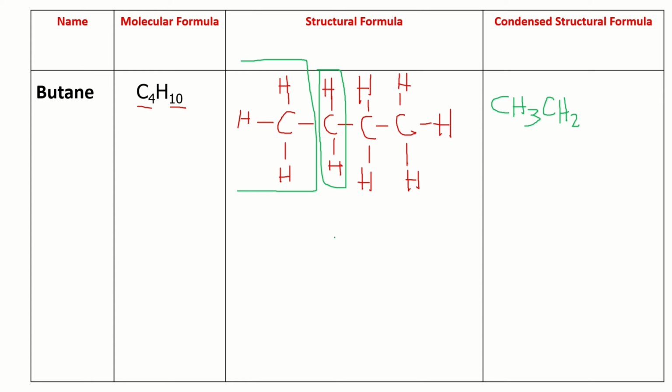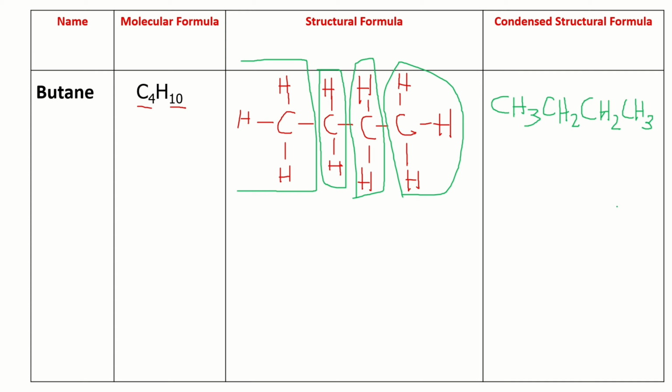Next, we got the same, 1 carbon atom and 2 hydrogen atoms. And for the last one, 1 carbon atom and 3 hydrogen atoms. This is the condensed formula or condensed structural formula for butane.